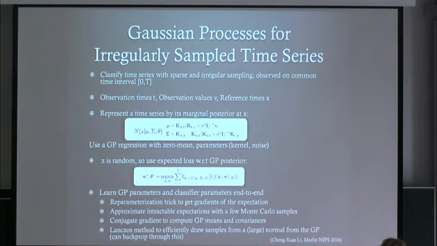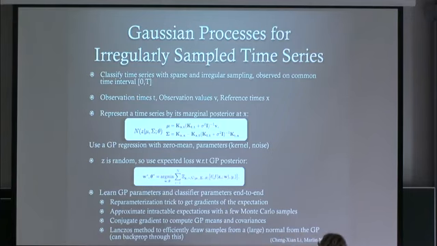So in the Gaussian process setting, this is pretty hard, right, to combine a GP and a classifier in this way, particularly if you have lots of missing data and things are not measured all at the same time. And what was nice about their paper is they looked at how we can do this from an optimization standpoint so that we can do both simultaneously, end-to-end, and get reasonable results.